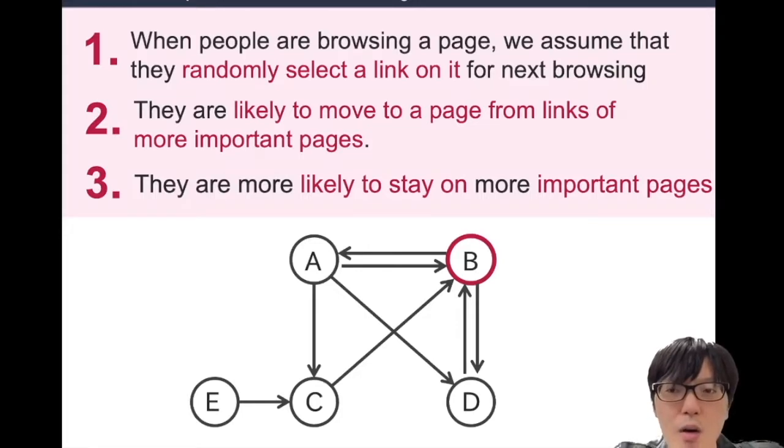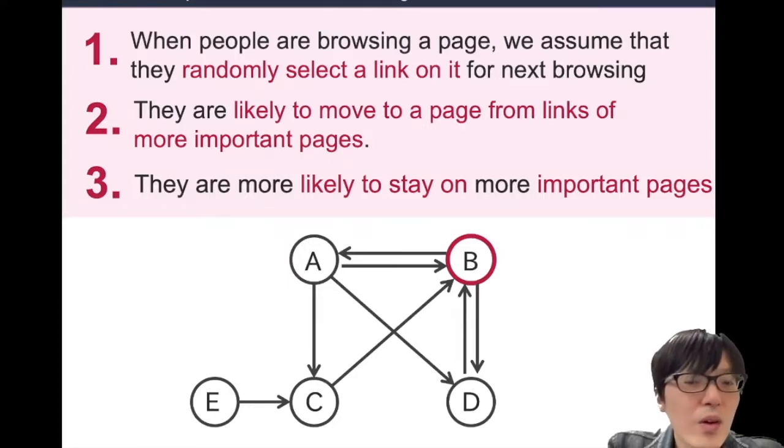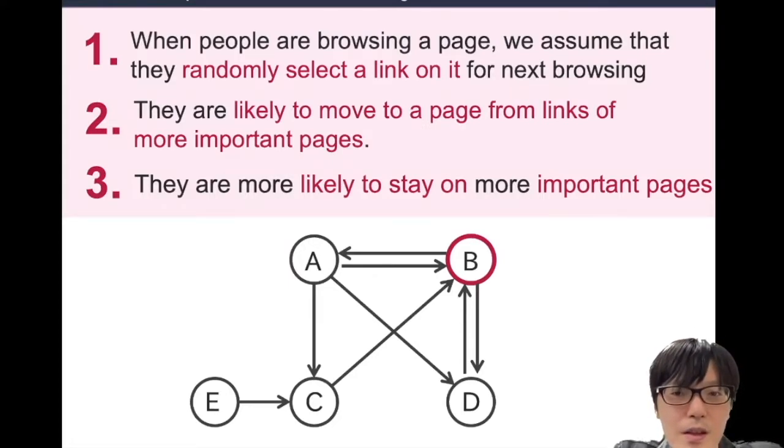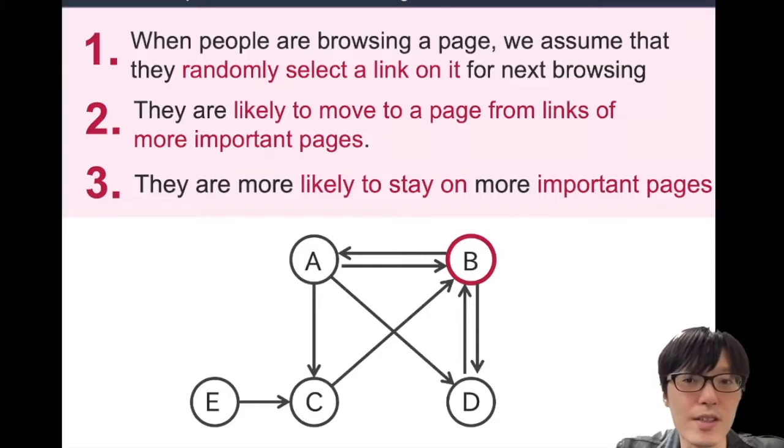Also, we assume that people are likely to move to web pages by using the links to more important web pages. As a result, people are more likely to stay on more important web pages. The question is how can we calculate the likelihood to stay on each web page?